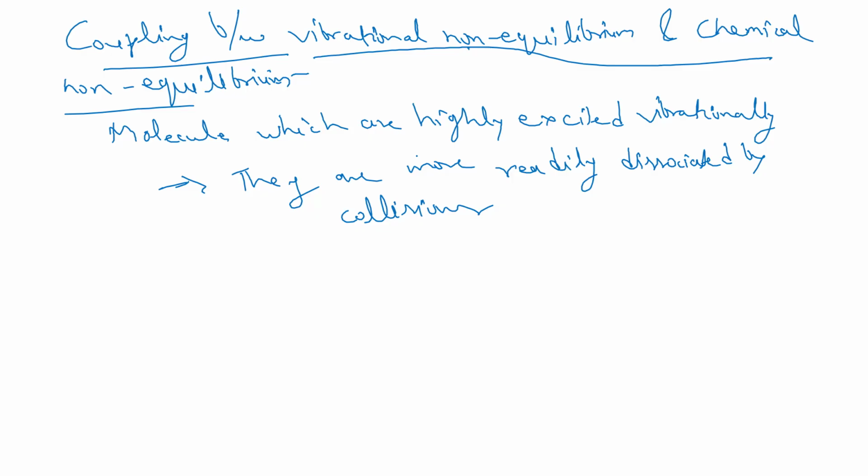So if the molecules in the higher vibrational levels are gone for the chemical reactions, then that population will decrease. Due to that, the vibrational relaxation rate will also be affected. So there is a strong coupling between vibrational non-equilibrium and chemical non-equilibrium.